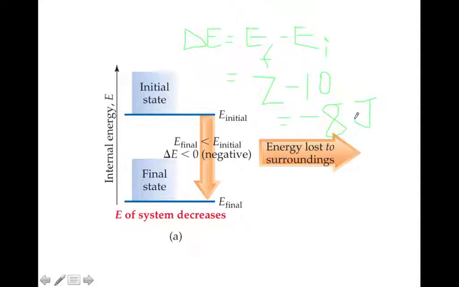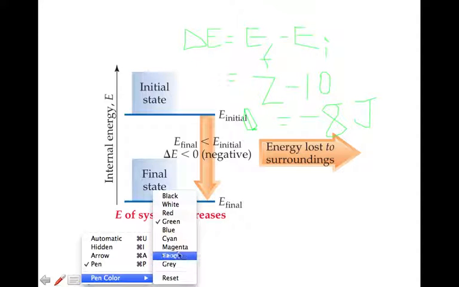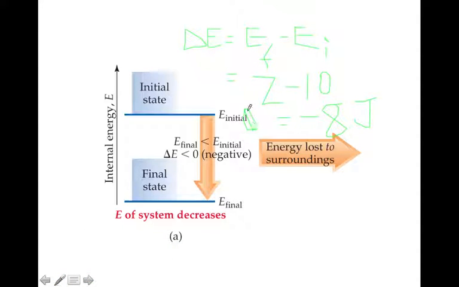So because the final energy is less than the initial energy, your delta E, your change in energy, is equal to negative 8 joules.